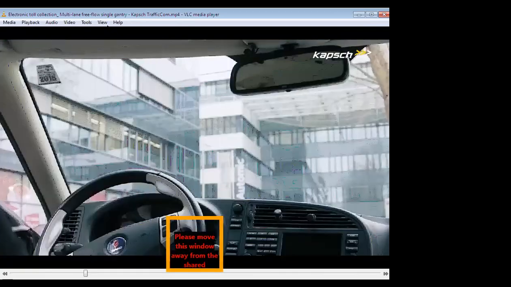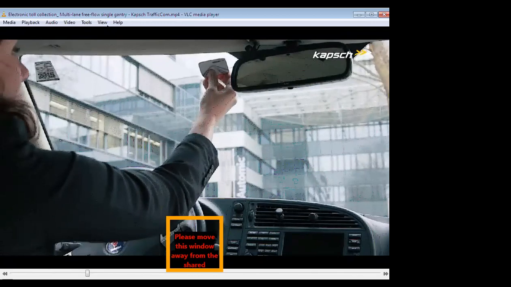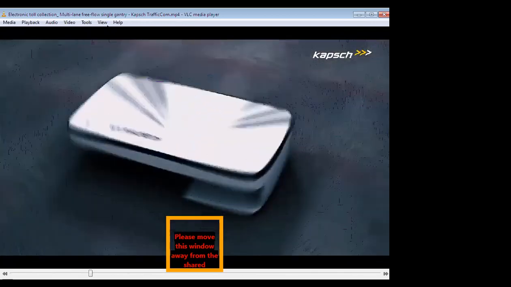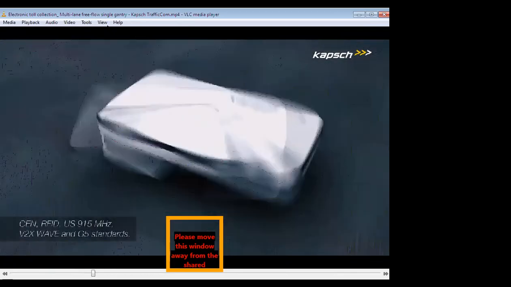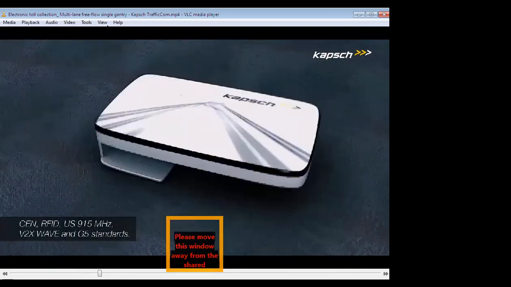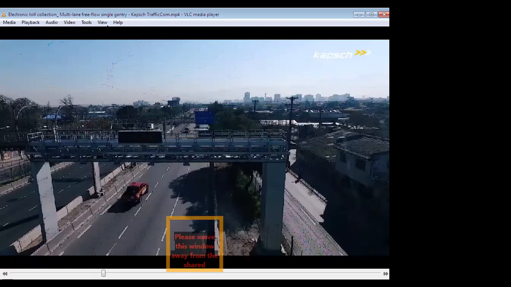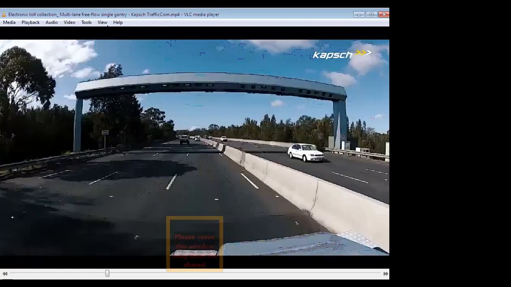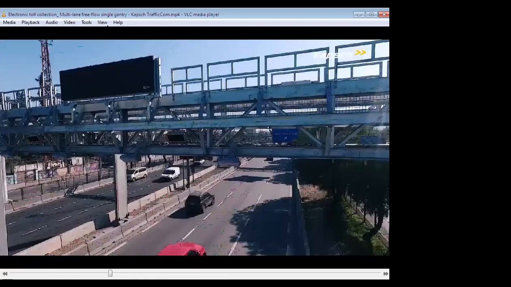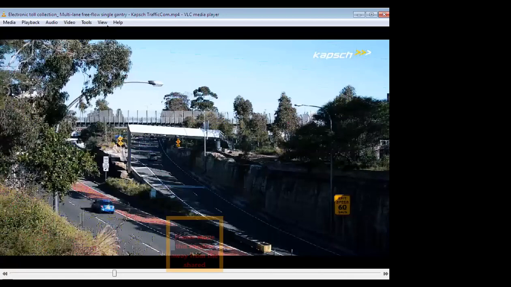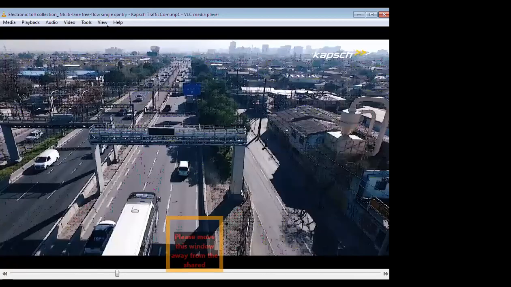The CAP single gantry supports these different communication standards, including CEN, RFID, US 915 MHz, and new VTX Wave and G5 standards. Our single gantry minimizes the visual impact to the landscape due to a modernized version of detection and classification sensors unique to the market. It manages all traffic situations, including those for heavy congestion and stop and go.